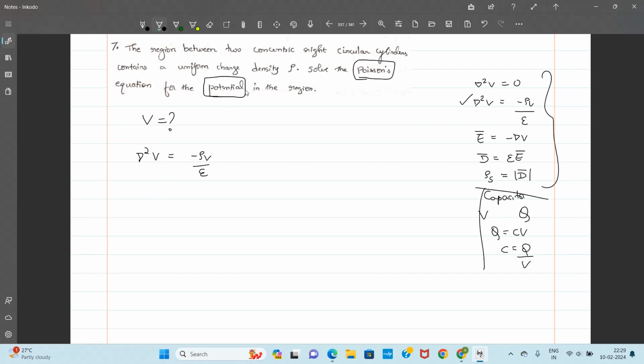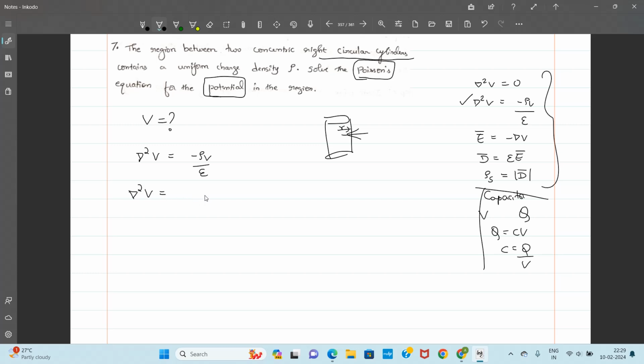Whenever you're using Laplace or Poisson's, you need to know which coordinate system they're talking about. Clearly it is given right circular cylinder, which means they're using the cylindrical coordinate system. If you have a cylinder, then the potential is going to vary perpendicular to this, so it is going to be in the R direction, the radial component. In cylindrical coordinate system, you need to know the del square V equation.